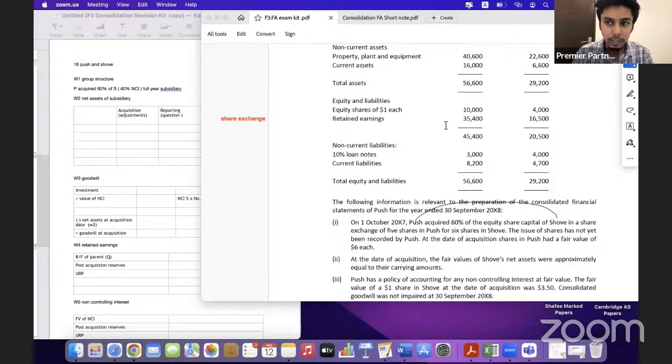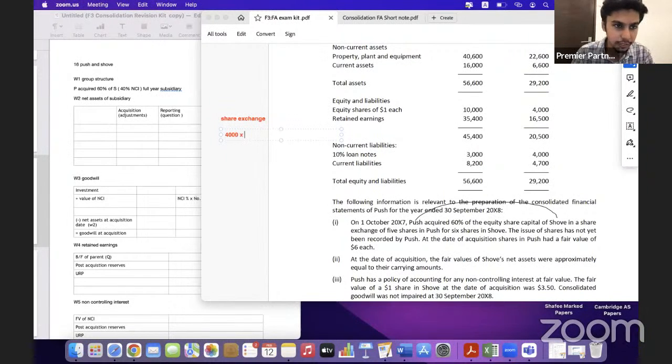The first part is the parent, and this is the subsidiary. So the subsidiary has 4,000 rupees. One share is $1. That means they have 4,000 shares in hand.